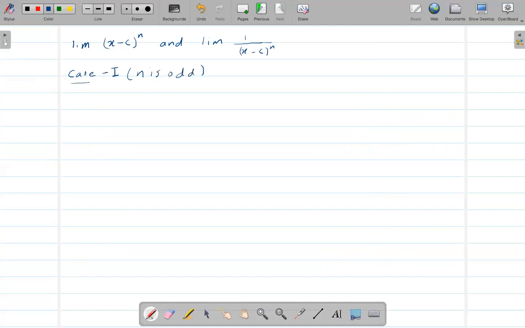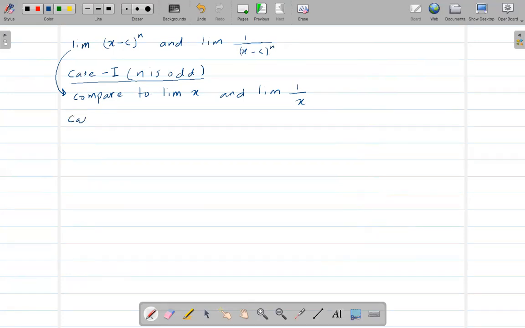When the power is odd, we can compare the limit of this to the limit of 1 over x, as long as the n here is odd.